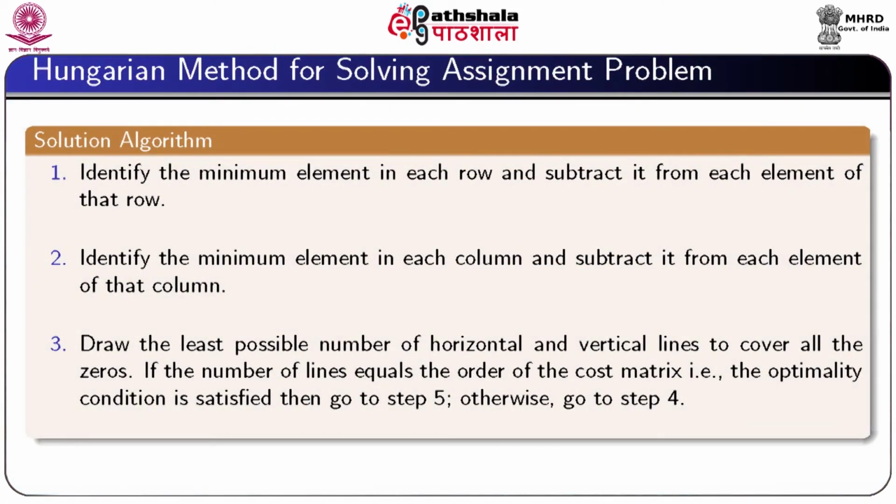Now, we are going to solve an assignment problem. One thing we can notice is that if there are n jobs and m machines, we can find the solution by analyzing all the possible arrangements.